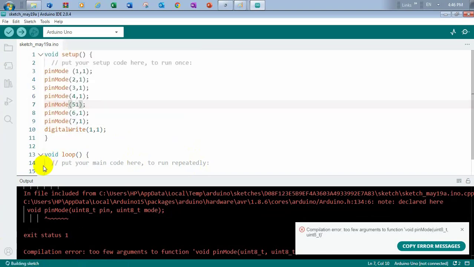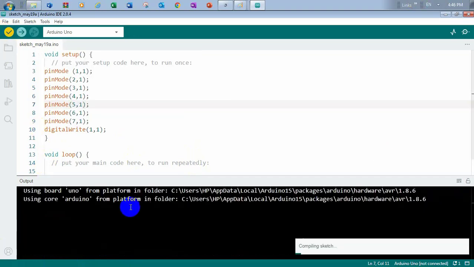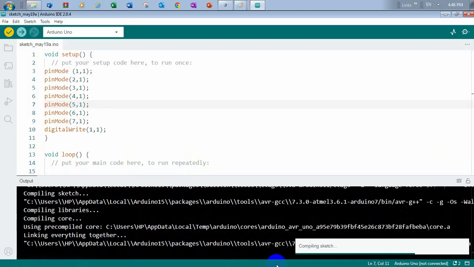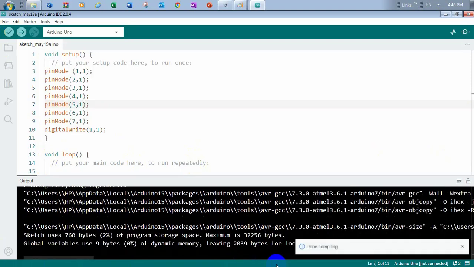What will we do? We will copy this file, the hex file.